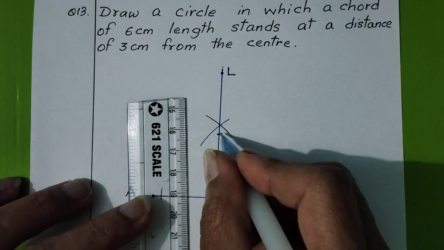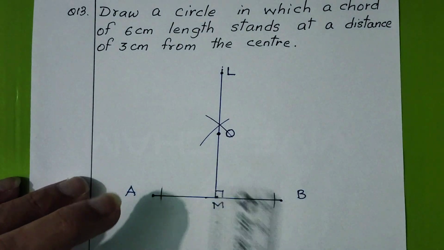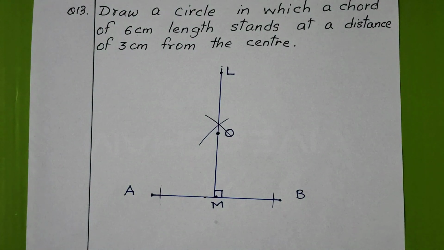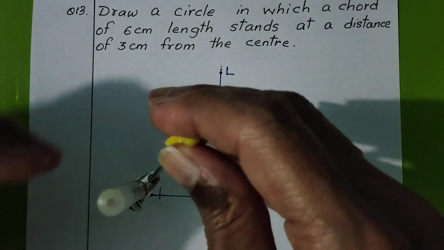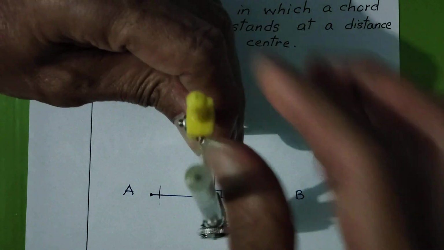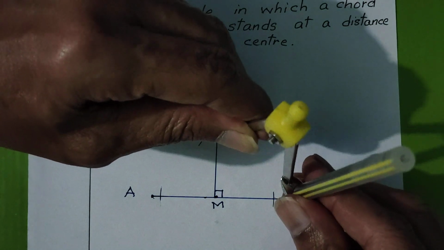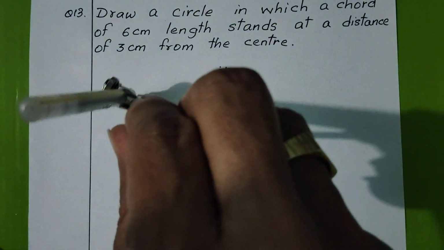So this is O. This is the center of the circle O. So we will keep the compass at O, take OA as radius and draw the circle.